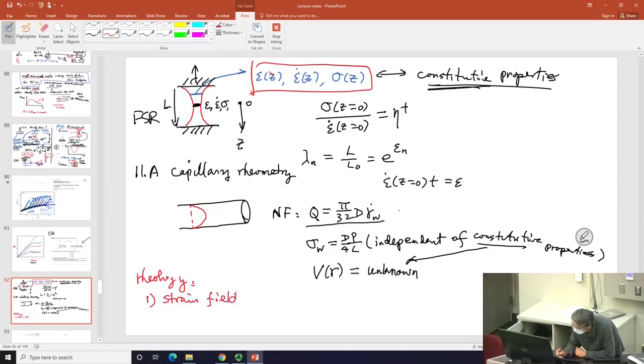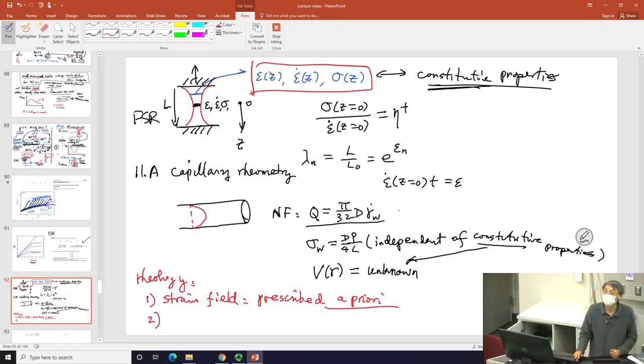And the way we have traditionally done it is that this is already prescribed a priori. Okay? In other words, as far as I myself have been learning rheology for 30 years, it's, oh, rheology is very simple because you have a rheometer, which already prescribes the deformation field, such as simple shear. All you need to worry about is the stress response.